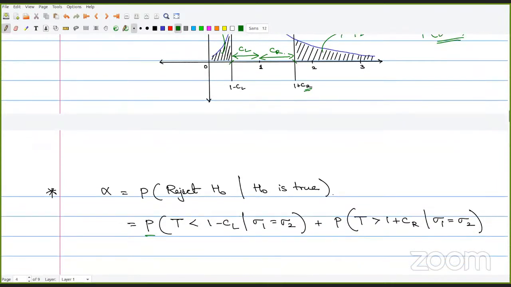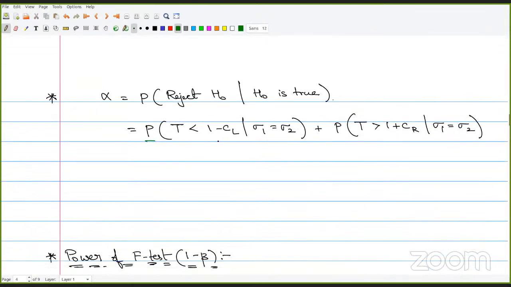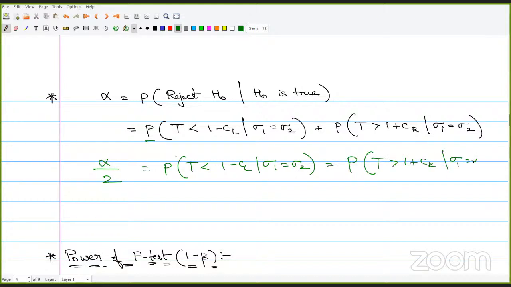And this sum will be equal to alpha, and we need both sides with the same probabilities. So the rejection region should be with the same probabilities. That is why it is alpha by 2 and alpha by 2. So simply, alpha by 2 is equal to the probability that t is greater than 1 plus CR, given sigma 1 is equal to sigma 2.